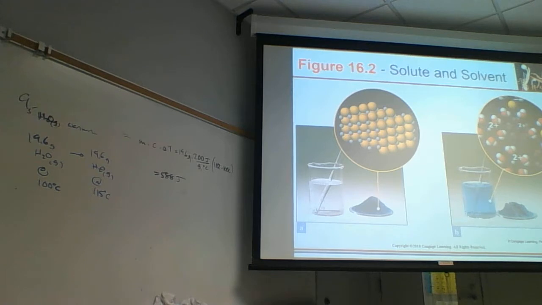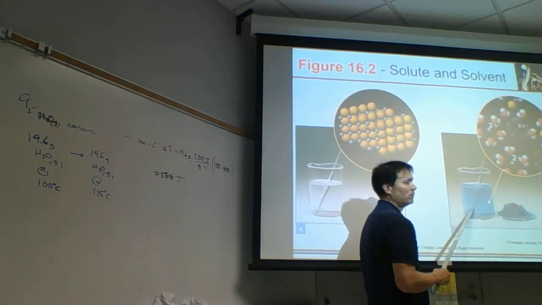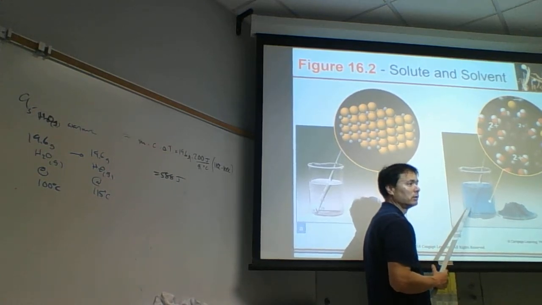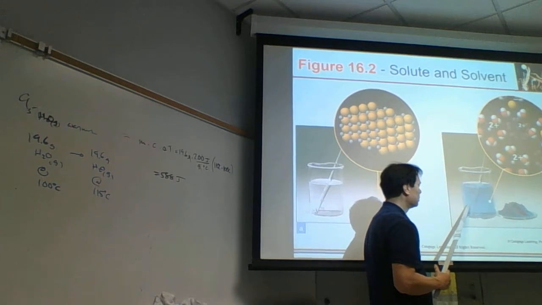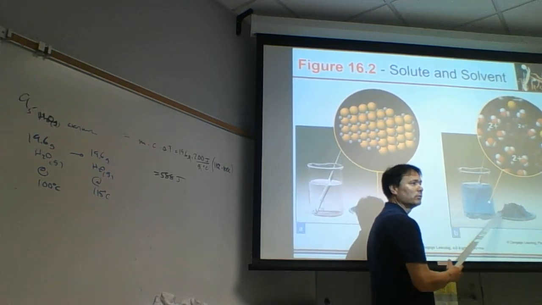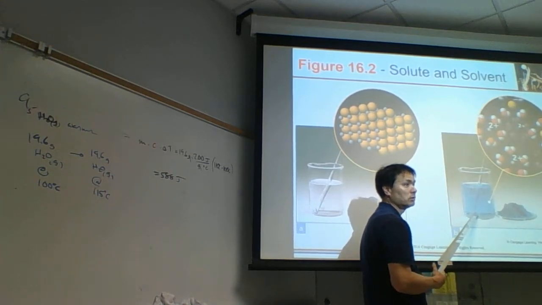Well, if I took another scoop of this and put it in here, then what do you think would happen? It would dissolve and the color would darken. Yeah. And what if I dump the whole thing in there? If I dump the whole thing in there, I could make what we call a concentrated solution.